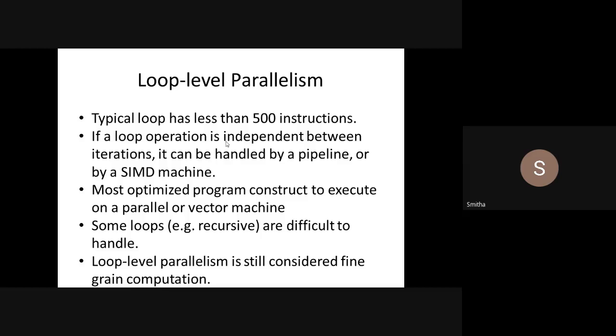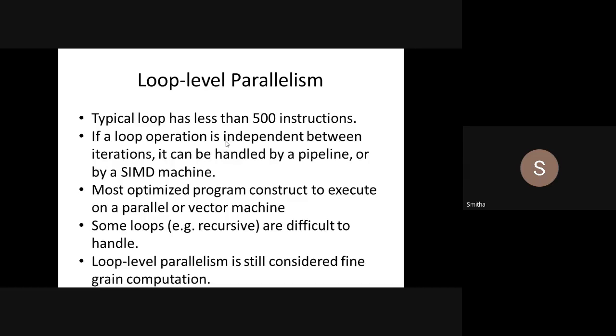Next, it is the most optimized program construct to execute on a parallel or vector machine. If we optimize, students, it means we are reducing the number of instructions such that it retains the original meaning.